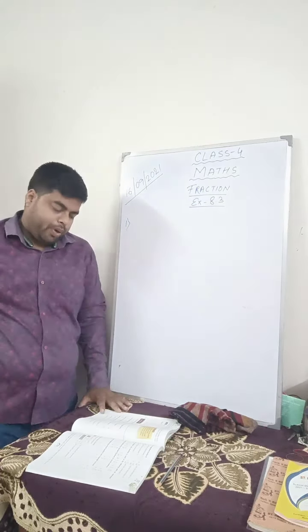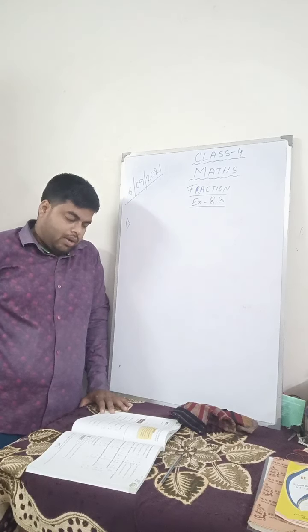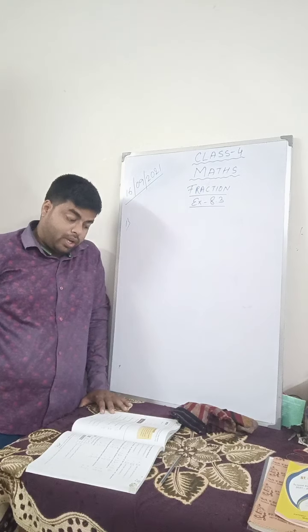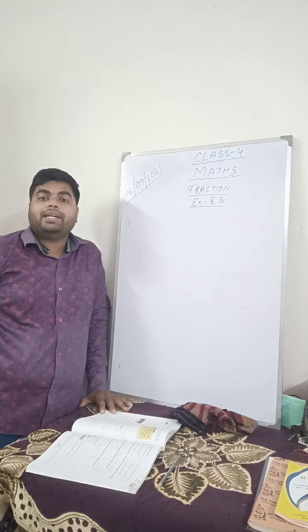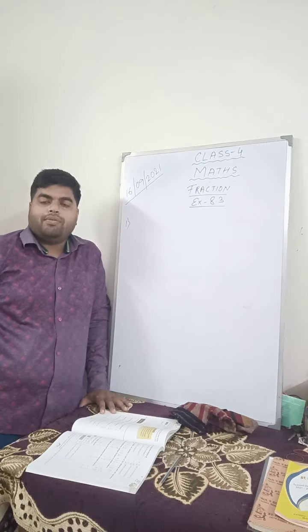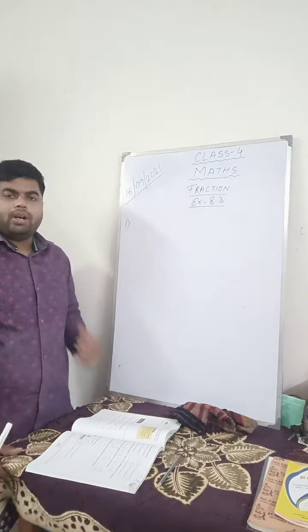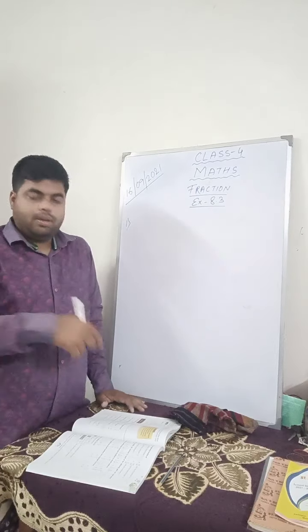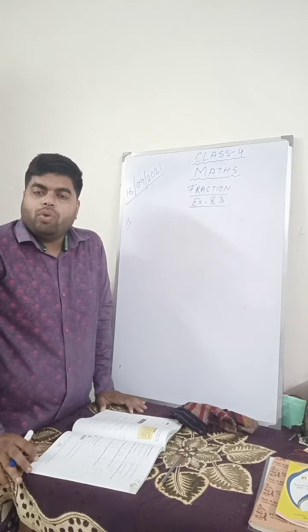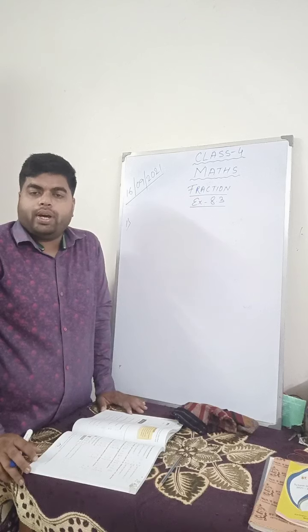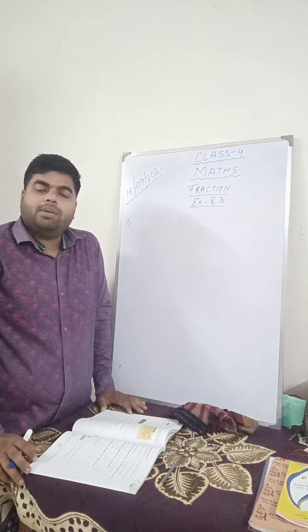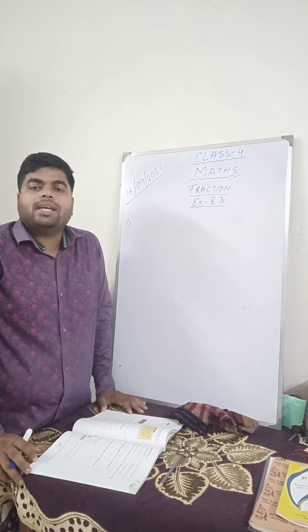In exercise 8.3, they have said, find an equivalent fraction for each of the following by multiplication. So you have to write any equivalent fraction. I have told you a few minutes ago that if you want to make a fraction equivalent, you have to either multiply or divide. If you are multiplying, you have to multiply by the same number. If you are dividing, you have to divide by the same number.